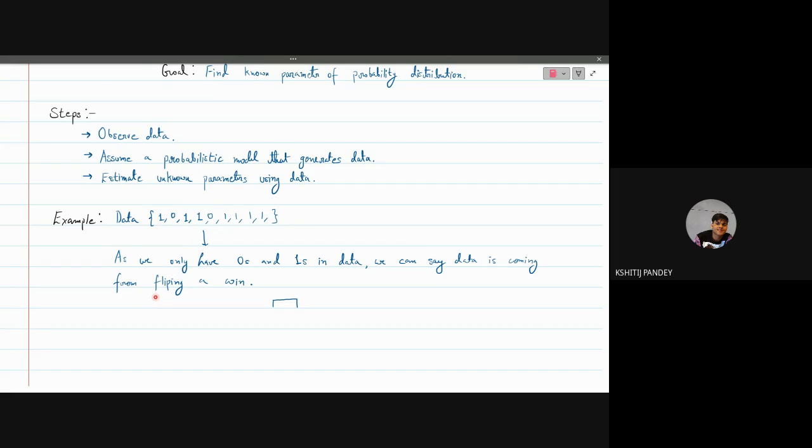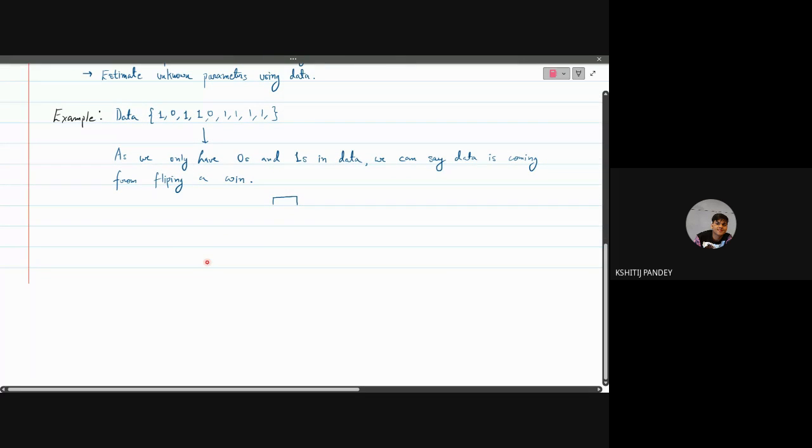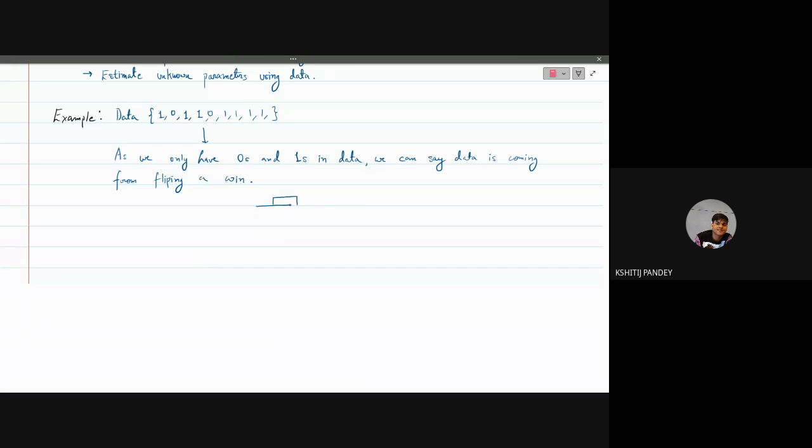The data is coming from the experiment of flipping a coin, and after that, we want to estimate the unknown parameter of generating this data, which in this case is finding the value of p for the coin, finding the value of unknown p. This is the unknown parameter.